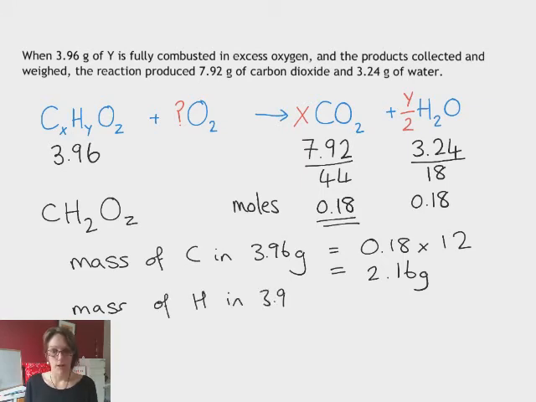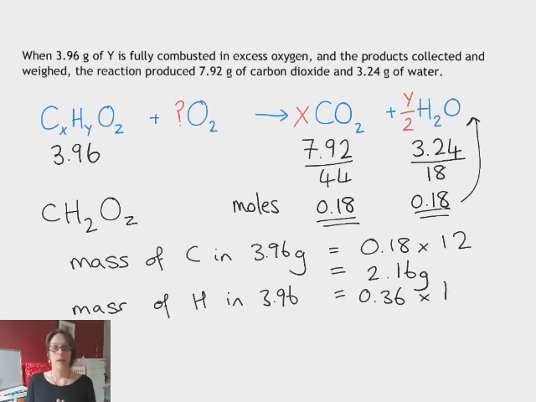The mass of hydrogen in that original sample: well, I have 0.18 moles of water, which means I have 0.36 moles of hydrogen. Remember, 2 moles of hydrogen. 1 mole of hydrogen weighs 1, not very difficult.